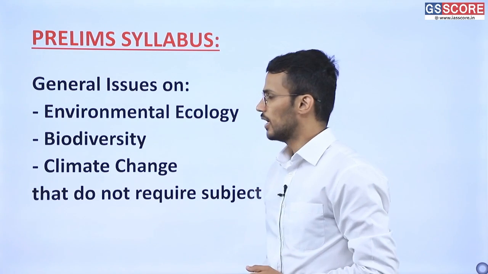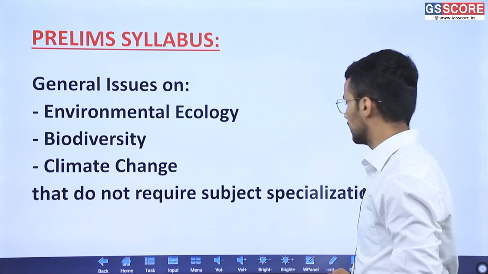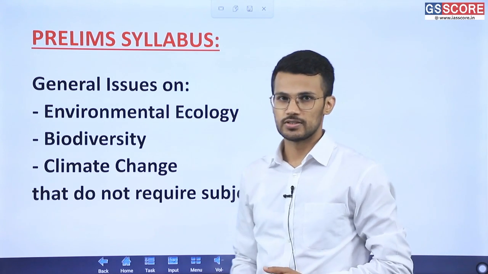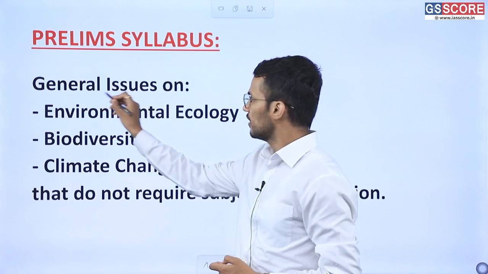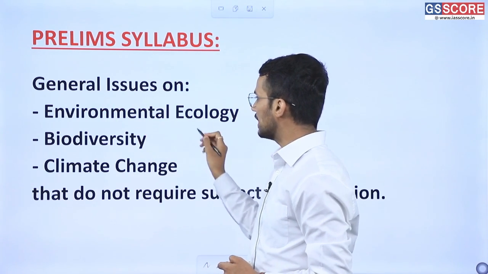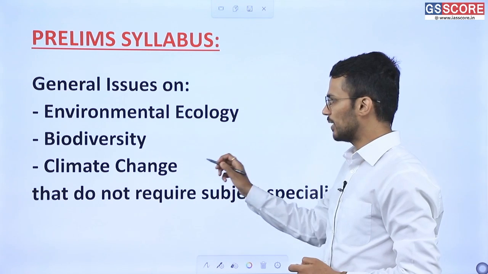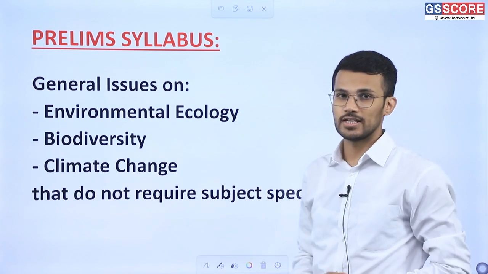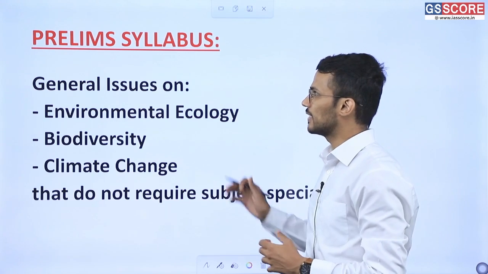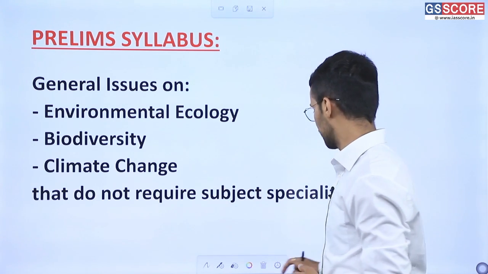First of all, as you can see, this slide mentions the prelims syllabus given by UPSC, and as per that syllabus: general issues on environmental ecology, biodiversity, and climate change that do not require subject specialization. So this is the syllabus that UPSC has given for the prelims examination.